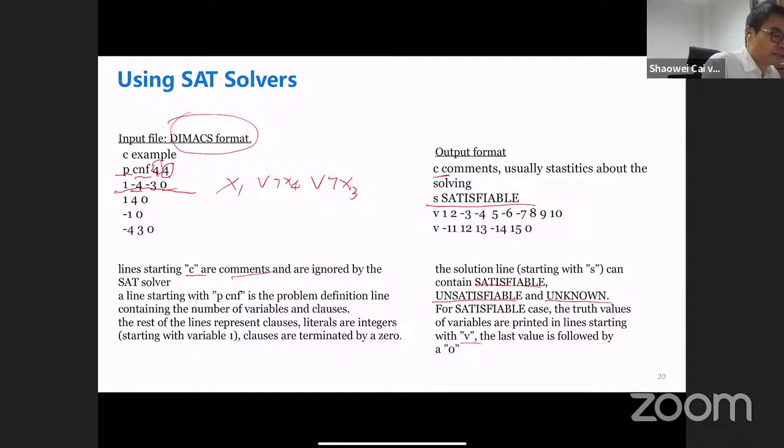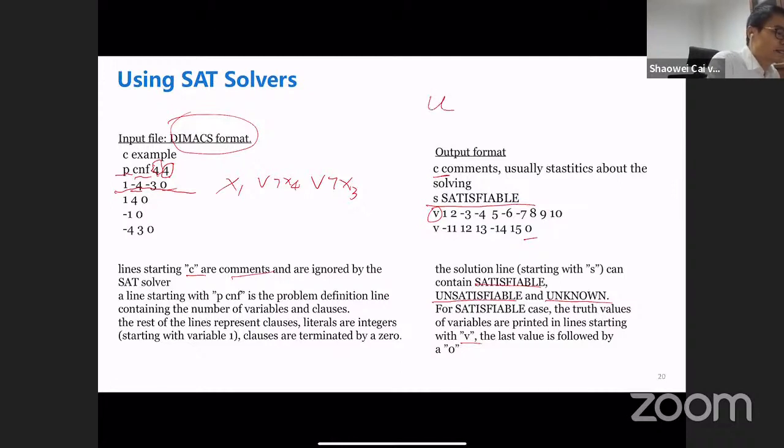V lines give the values of the variables in the solution. We can have many V lines, or one very long V line. That's okay, it just depends on your habits. In the end, it also ends with 0.